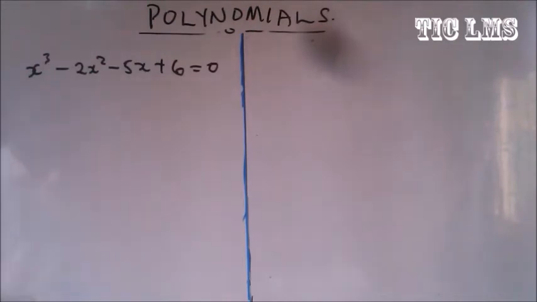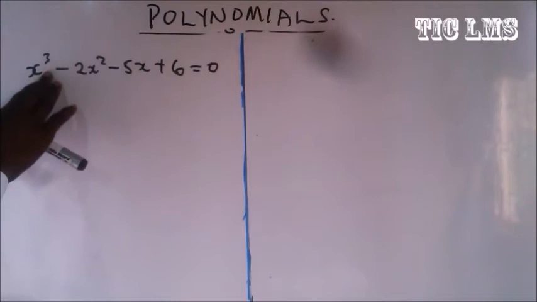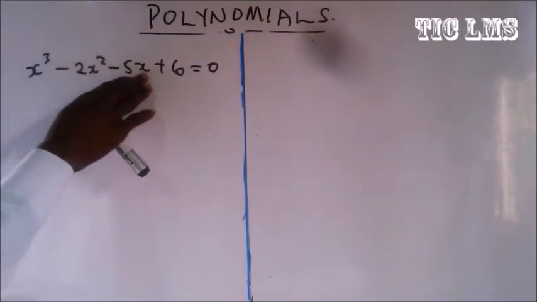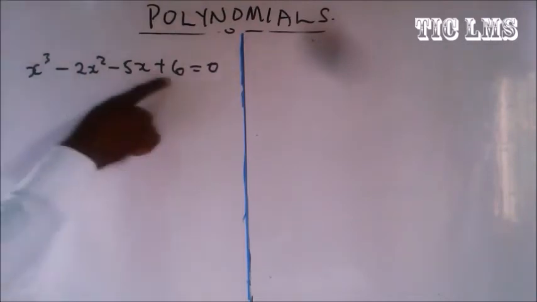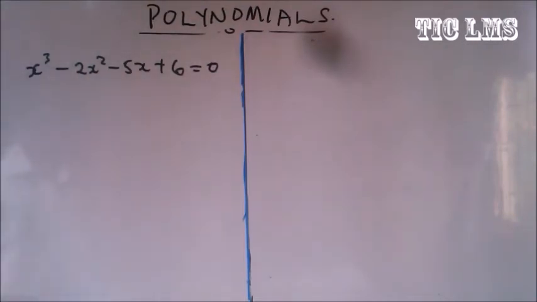To find the root of this, what we'll do is to first suggest a factor, that is one of the expressions that will divide x raised by 3 minus 2x squared minus 5x plus 6 and leave a remainder of 0. We are going to suggest a simple equation, like a linear equation, which will divide this particular expression and will have a remainder of 0.